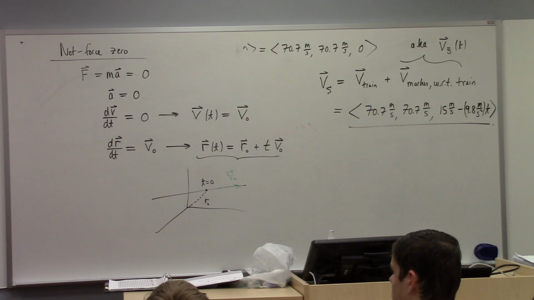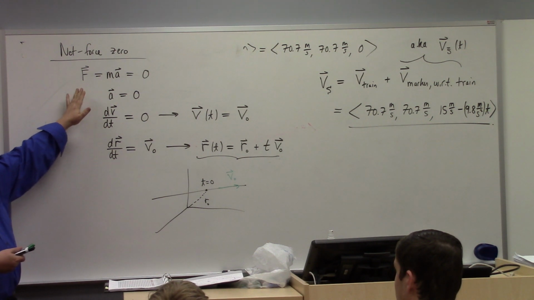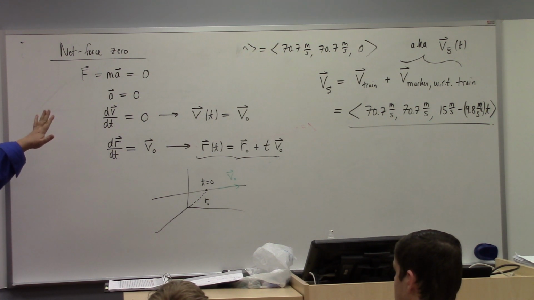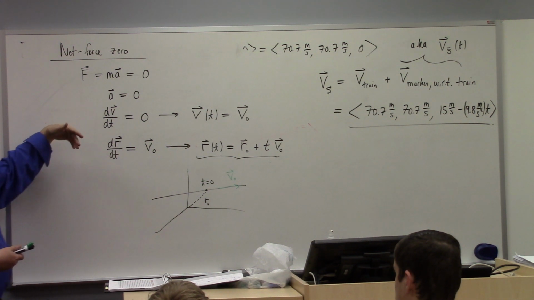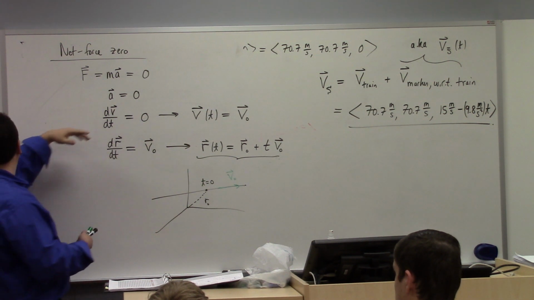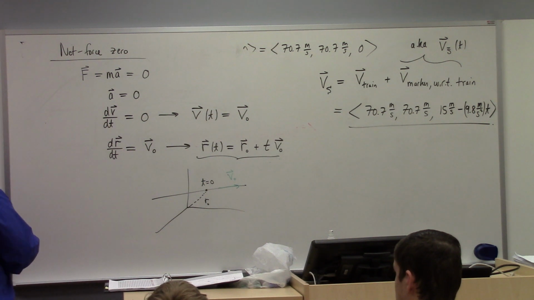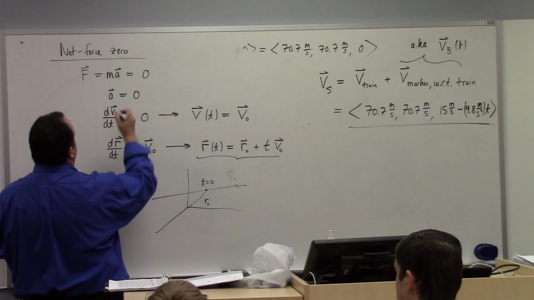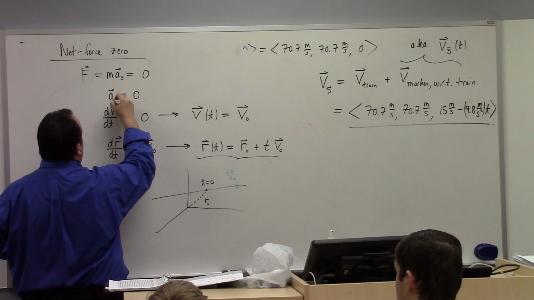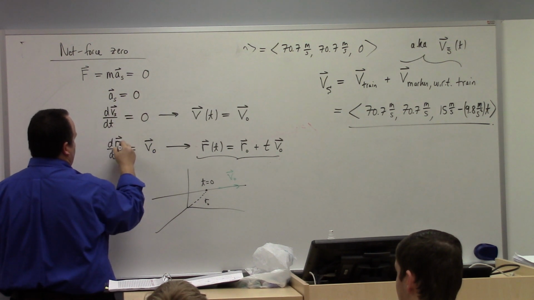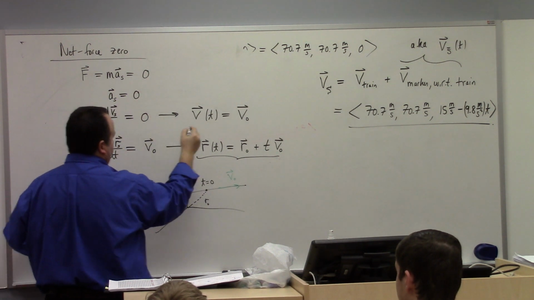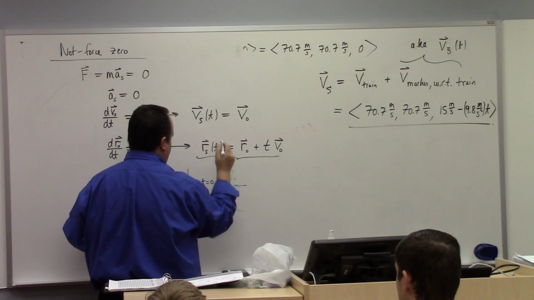So think about this. I have in my fixed frame of reference ma equals 0. What would the acceleration be? In my notation over here, this is a sub s, v sub s, r sub s, all sub s's, all right?